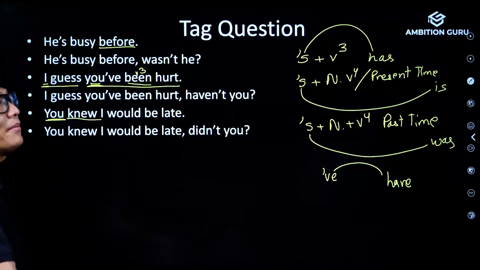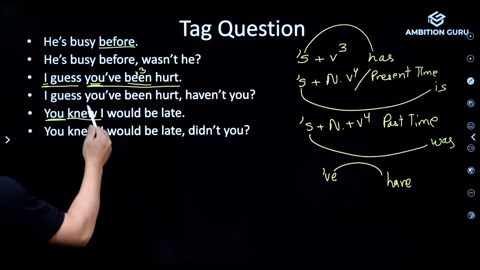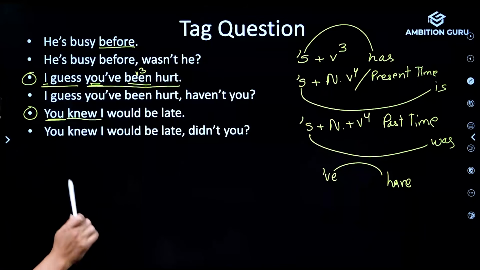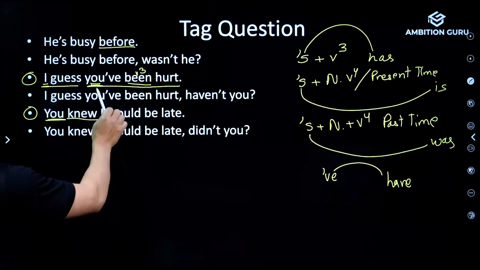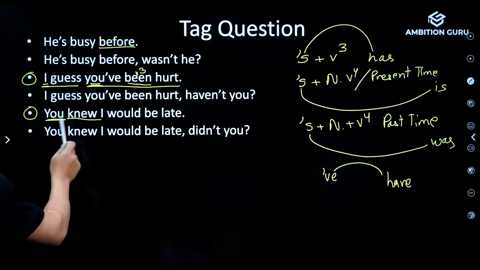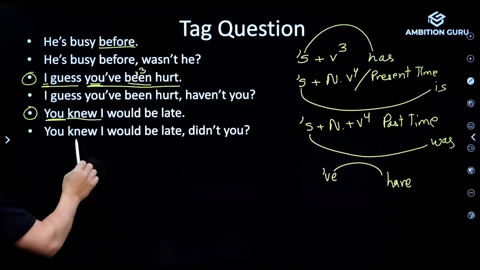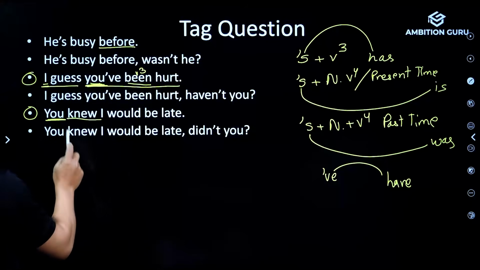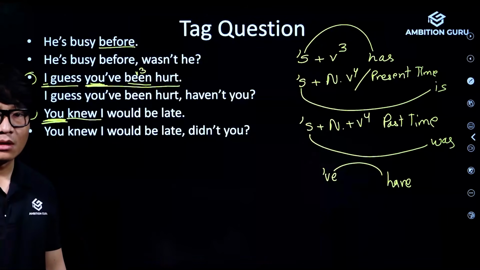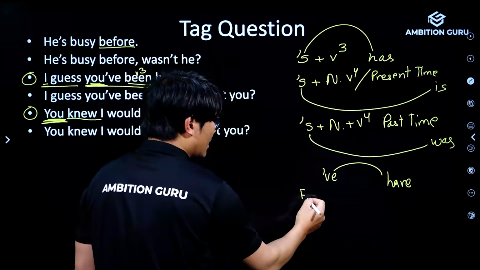Now, you may have a question about how it works. If you compare this and this one, you can understand very well. Like, I guess you have been hurt, haven't you? You knew I would be late, didn't you? So here also we have focused on the second person, and here also we need to focus on the second person.